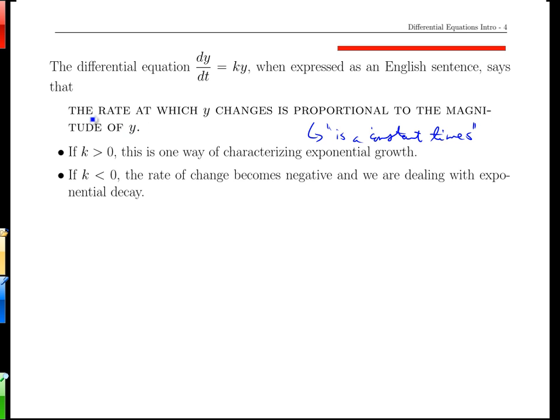And how does this play a role when we're talking about physics or chemistry or other models? Well, if we have proportional to with k positive, that's one way of saying exponential growth. My rate of change is proportional to the amount I have now. If I've got a bank balance of $10,000, I'm growing at a rate proportional to that $10,000. If I had $100 million, my rate of growth would still be proportional to the amount of money I have.